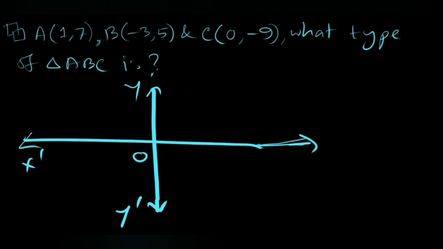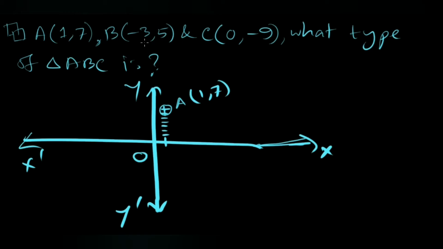A slight mistake here, it will be positive x. So think 1, 7. So I'm going to take positive 1 step, and from here positive 7 steps along the y-axis, 1, 2, 3, 4, 5, 6 and 7. So consider this is our point A, and the coordinate is 1, 7. The second one is the vertex B, -3, 5.